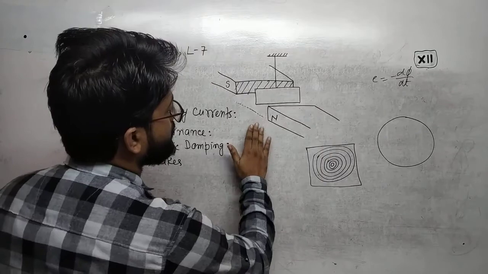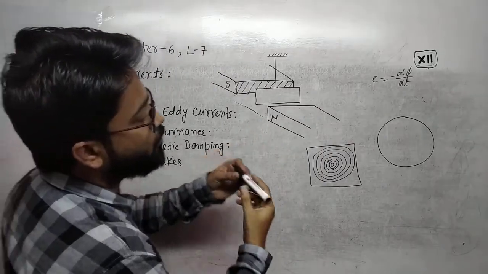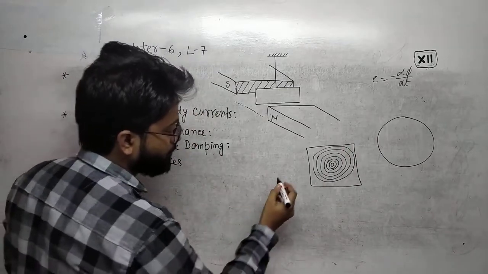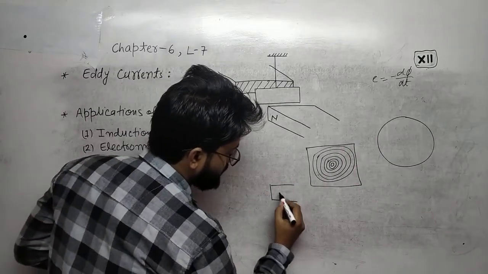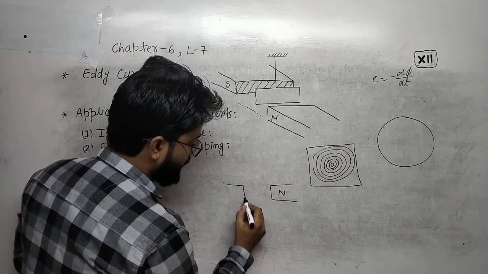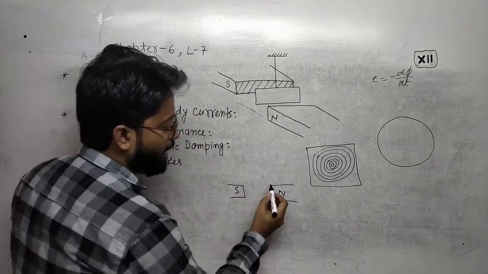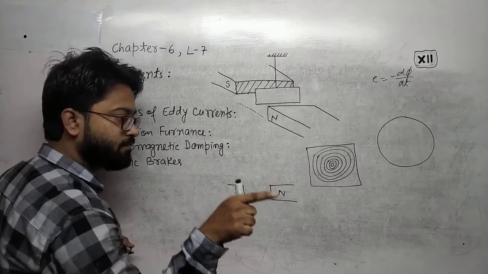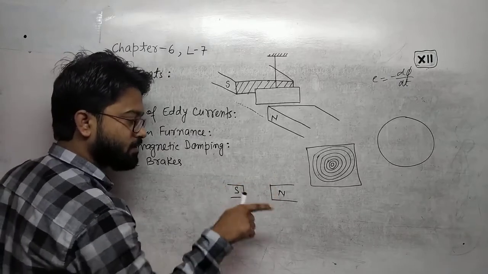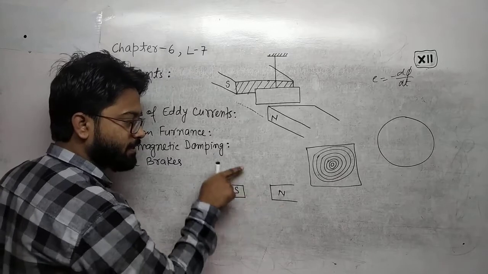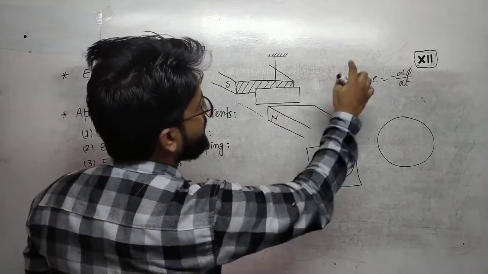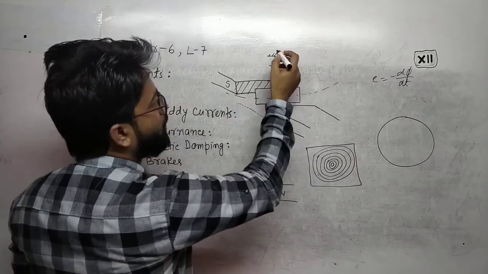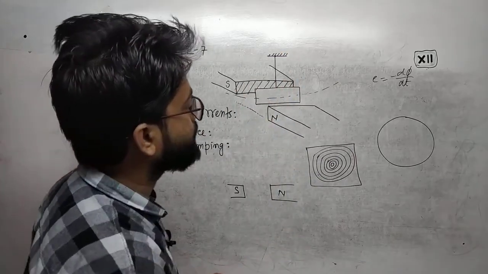Now let us suppose these are two magnets, this is north and this is south, and a metal plate is swinging about this point.